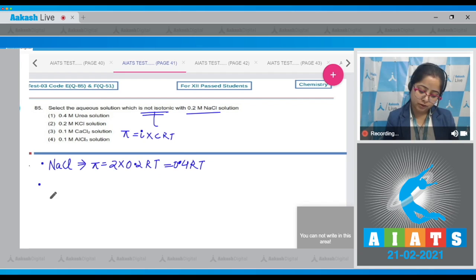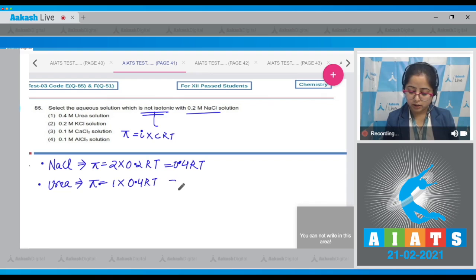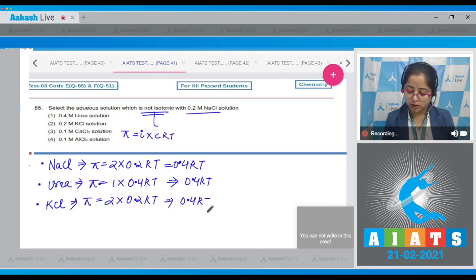RT. Moving to next, urea. Pi is equals to, here for urea, i is equals to 1. Concentration is equals to 0.4 RT, which is equals to 0.4 RT. Moving to next, KCl solution. Here pi is equals to iCRT again. i for KCl is 2. Concentration is 0.2 RT, which is equals to 0.4 RT.